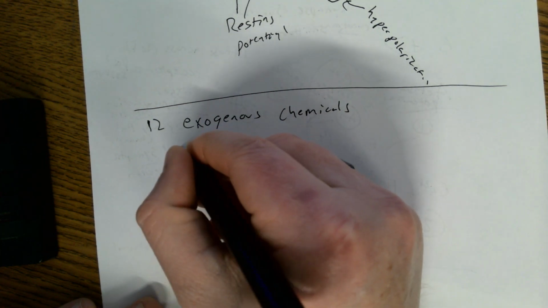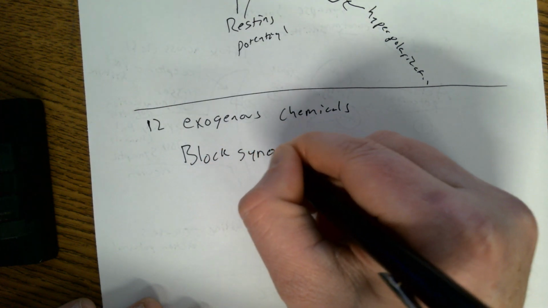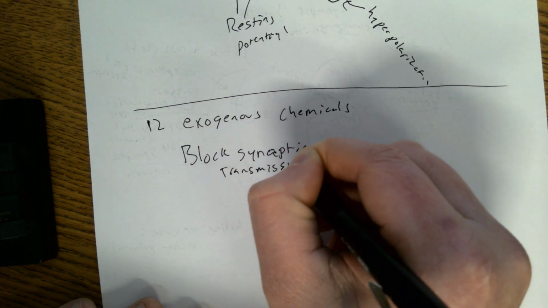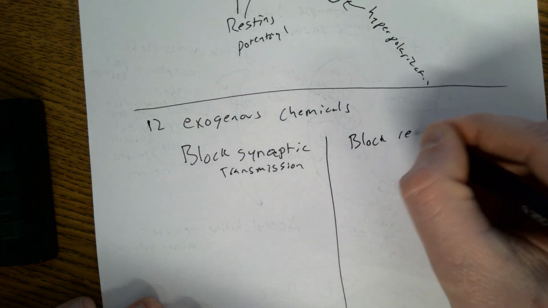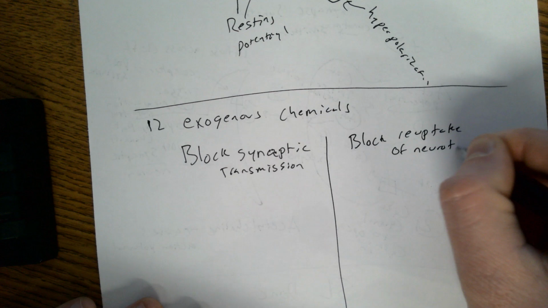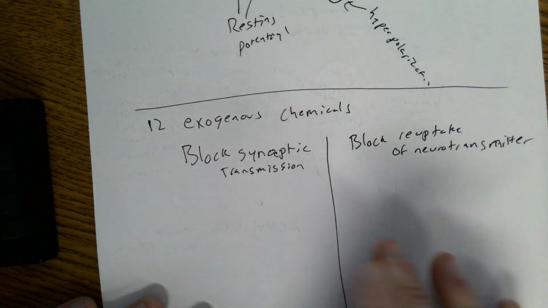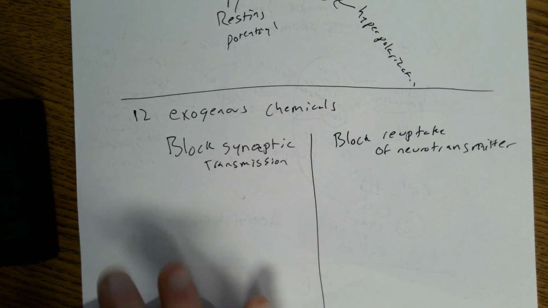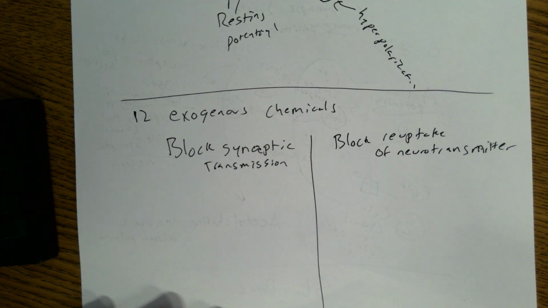They can either block synaptic transmission, or they can block reuptake of a neurotransmitter. Both of these are going to have different effects on your action potential and your ability to send signals between synapses.